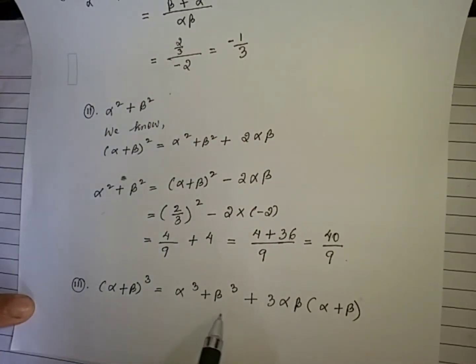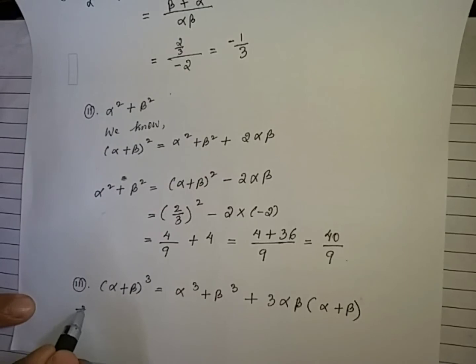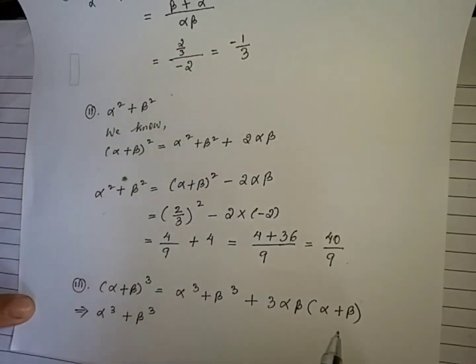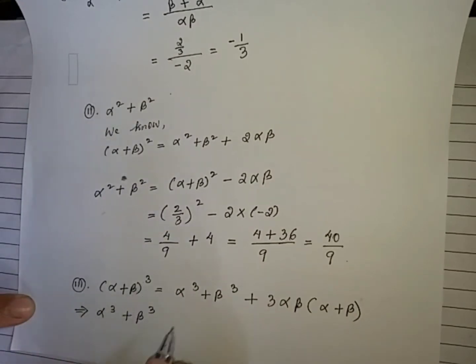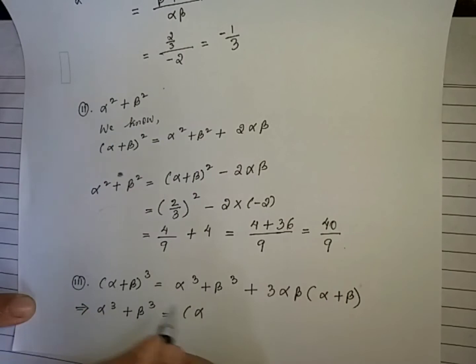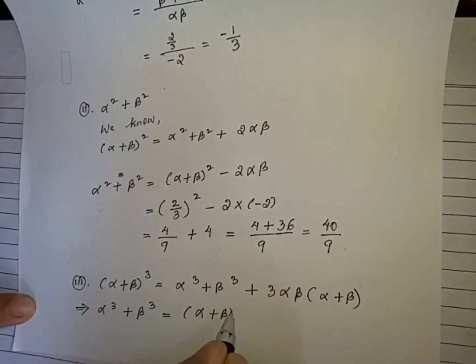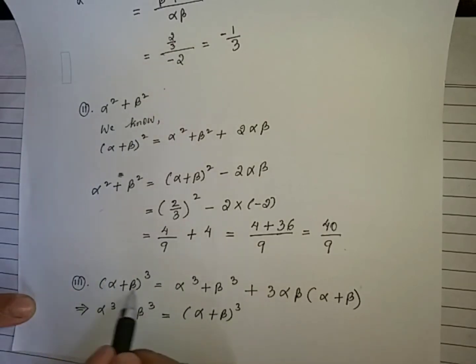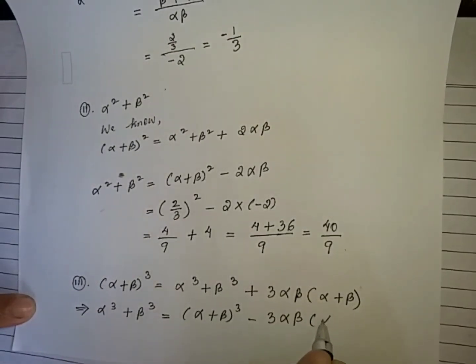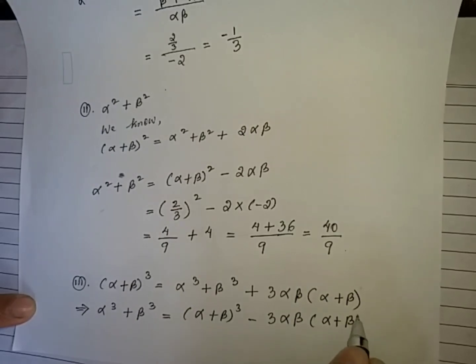We need these terms, alpha cube plus beta cube. We'll take the other term to the same side, so it will be alpha plus beta whole thing cube minus 3 alpha into beta into alpha plus beta.